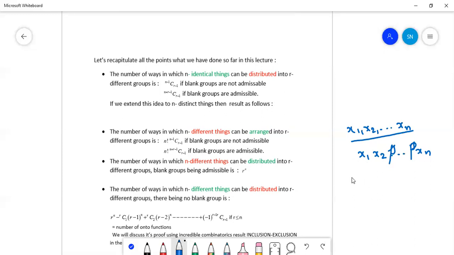Suppose I make an arrangement like x2, x3, x5, and so on, x1, xn, something like that. If I keep one flag here, the first group contains x2, x3, x5, the second group contains some other elements, and the third group contains some other elements. So in each case, we first arrange all n distinct objects.